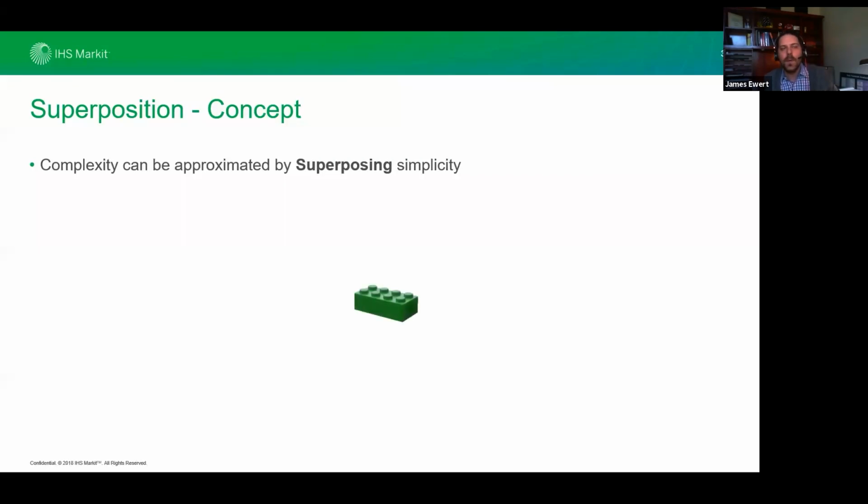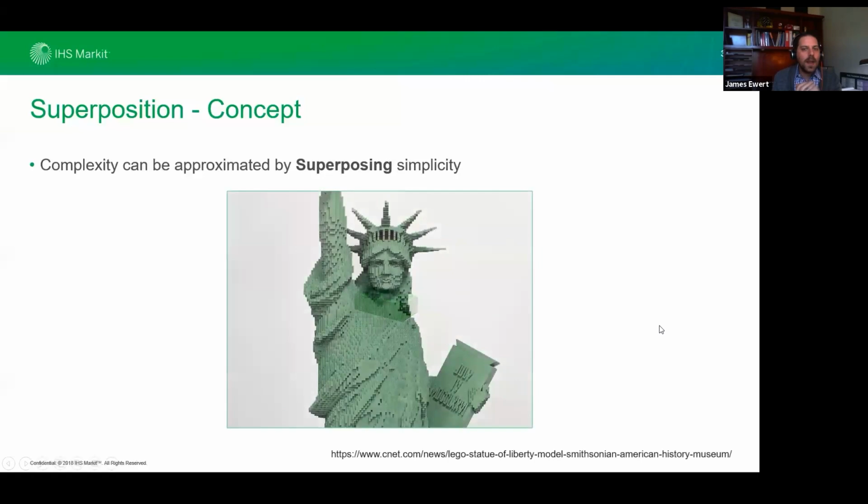So let me give you an example. If I take a Lego brick, if I take a very simple child's toy and look at it and consider that to be like the reservoir signal, it is small, it is finite, it is self-contained. It's easy to understand. If I start playing around with that brick and I get maybe 10,000 more, you can start to build things that are absolutely incredible.